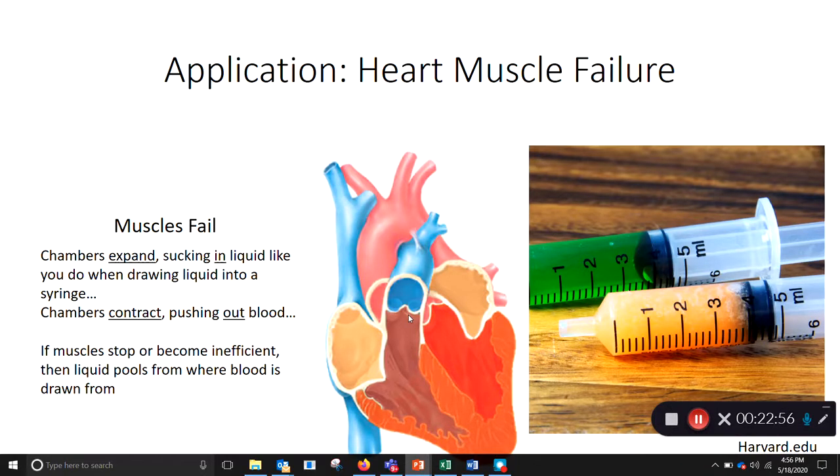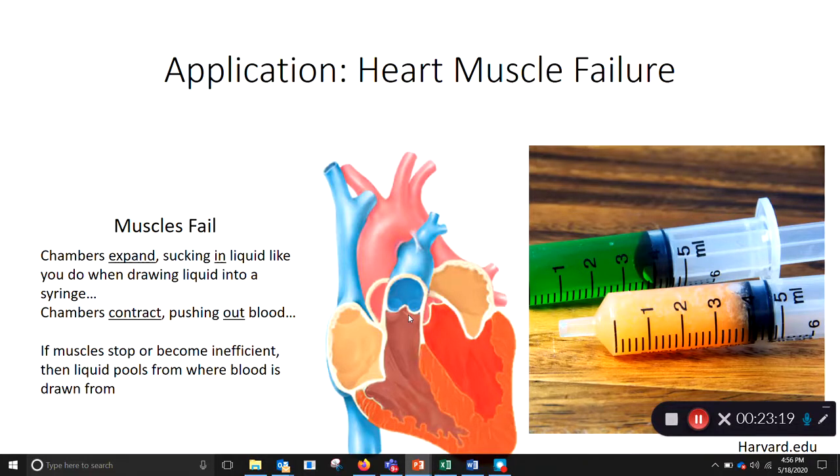The question is, depending on where you get edema in your body tells you which part of your heart is failing. And how you know that is, remember, the chambers of the heart are acting like straws, drinking from where the blood is coming from.